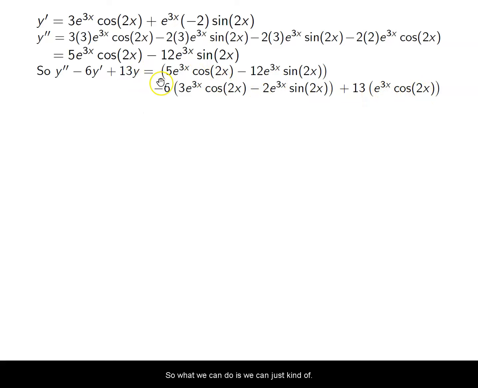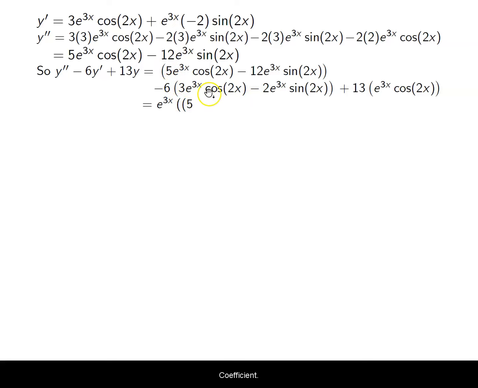What we can do is pull out the e to the 3x. You can see here that it's a common term on everything: e3x, e3x, e3x. The only thing that's really changing is the coefficients and whether it's cosine 2x or sine 2x. So we'll pull out the e to the 3x and then collect our coefficients.